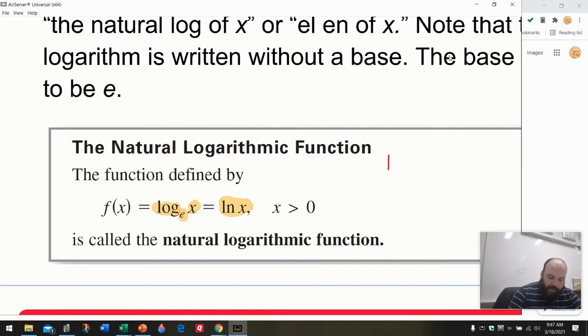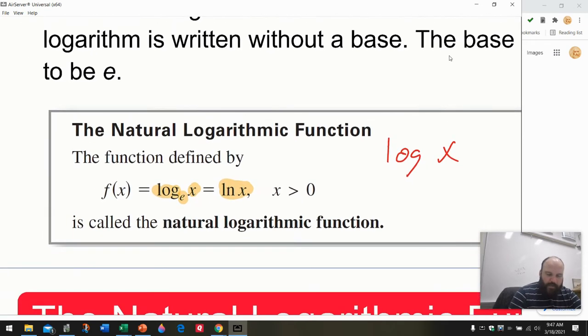Now, thing to keep in mind, if you have log of x, it is base 10. They don't need to write the 10. If there is no base written there, it is understood to be base 10. But there could be any base there. There could be a 10, there could be a 2, there could be a 7, or in this case, if we put an e right there, which is the irrational number e, that is denoted using the natural log notation.